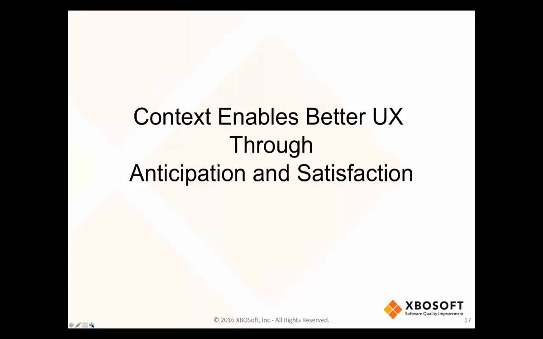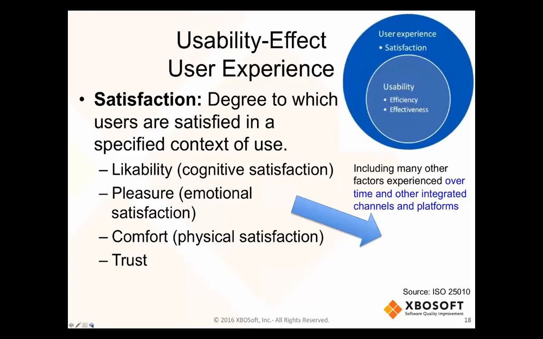And so let's go on to the next thing, which is really what context is all about, in enabling you to think more carefully about where the user is, what they're doing, and so on, so that you can provide a better experience to them through what I call anticipation and satisfaction.